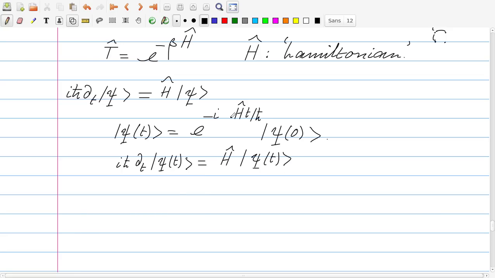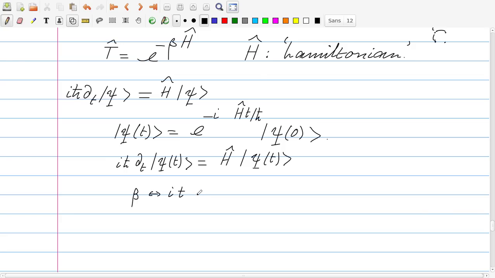And this, of course, resembles this quite a bit, provided we interpret the beta as an i times t. So if we make the time imaginary, we can view it as a temperature. If we view the temperature as imaginary, we can view it as a time.